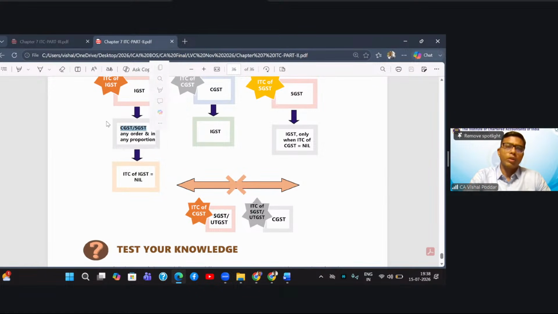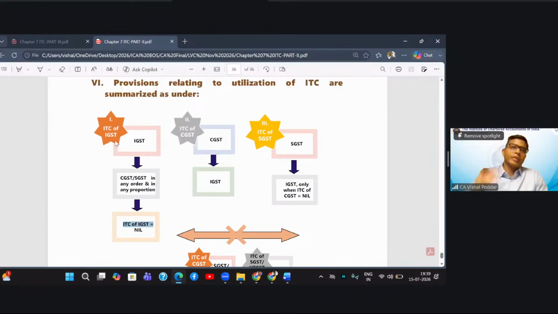Now, when you are utilizing this balance ITC of IGST for CGST and SGST liability, this can be done in any order and in any proportion, which means you can use it for entire SGST liability first, you can use the balance for entire CGST liability, or you can divide the balance between both in any ratio, equally, 60-40, 70-30, 10-90, etc. Most important is you have to ensure that your ITC of IGST is completely exhausted before you go to the second ITC.